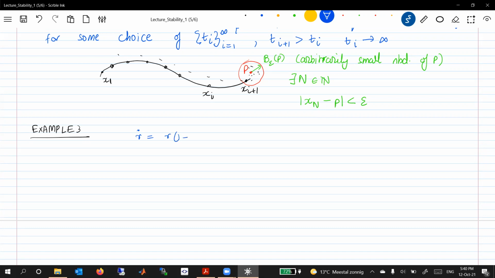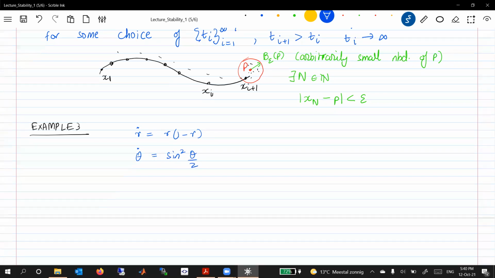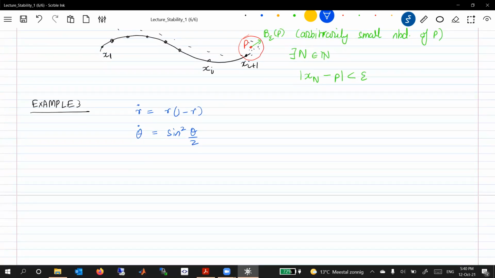Why can't we just say, oh, eventually everything leads to the fixed point and that is asymptotic stability, right? Why do we require stability to begin with? That's a very important distinction, and it'll become clear with this example.